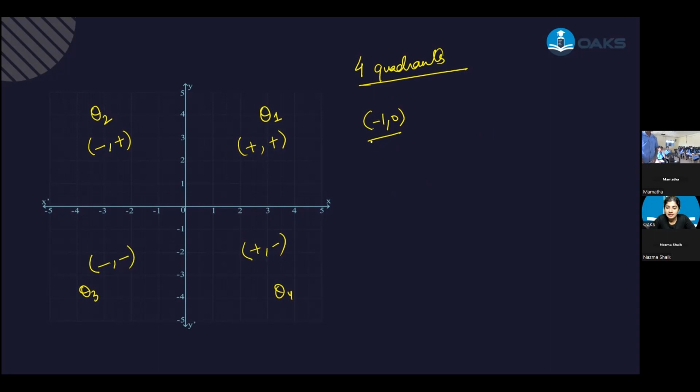Second, madam. You are saying second quadrant? Second and third, madam. Okay, second and third. So if I plot the point, will you help me in plotting this point minus 1 comma 0? So I should start from the origin, right? Now, where should I go first?